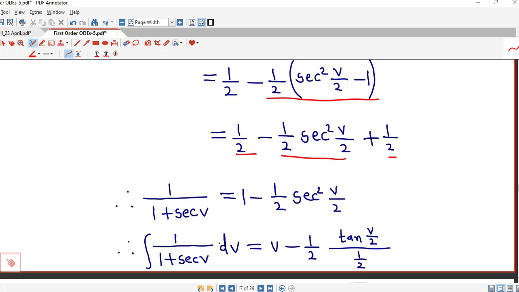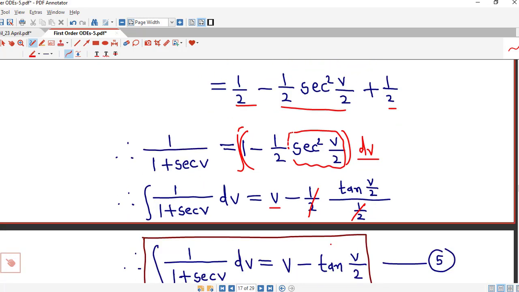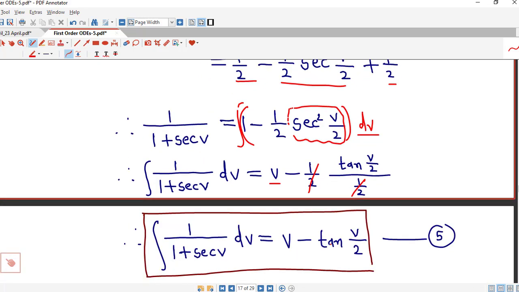Therefore the integral of this quantity with respect to v: the integral of 1 with respect to v is v, minus 1/2 times the integral of sec²(v/2). The integral of sec² is tan, and here we have tan(v/2), and the coefficient of v is 1/2, so we divide by 1/2. So this 1/2 cancels out and we are left with v - tan(v/2).